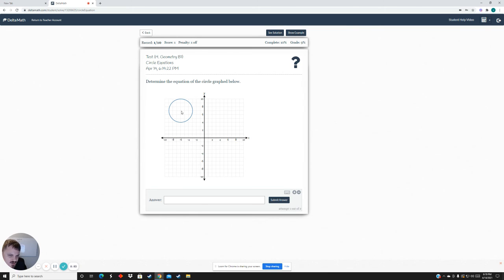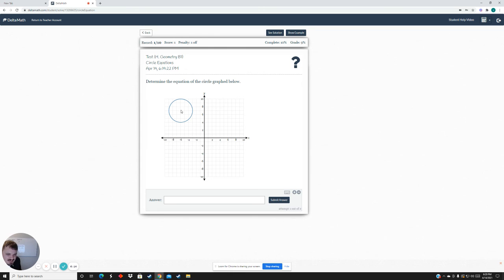So same distance from all sides. The center is right here. For this point, the x is right here, negative 6. The y is over here at 7. So this point is at negative 6, 7.